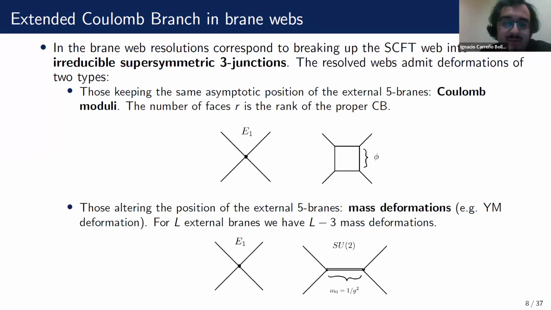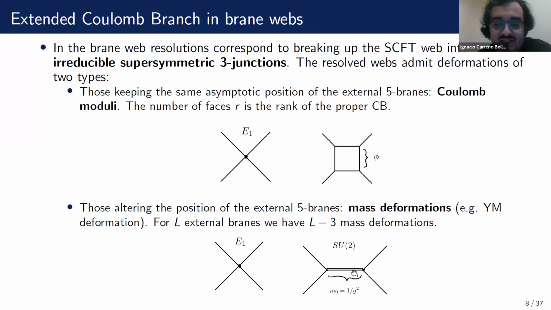Now, there is another type of deformation, which are mass deformations, corresponding to altering the positions of the external fibrations. So, for example, in the E1 case that we see here, we can turn on a mass deformation that makes this UV SCFT flow into a pure SU(2) gauge theory without fundamental matter or theta angle, which results in this web.